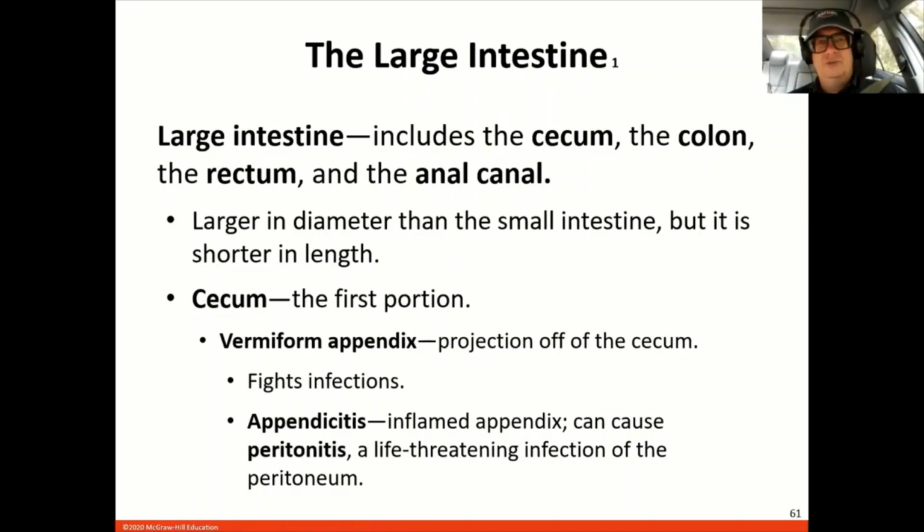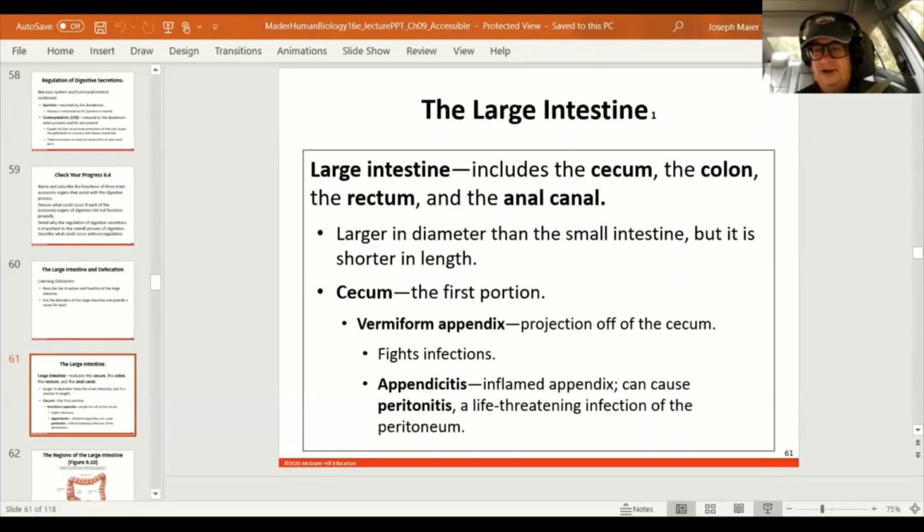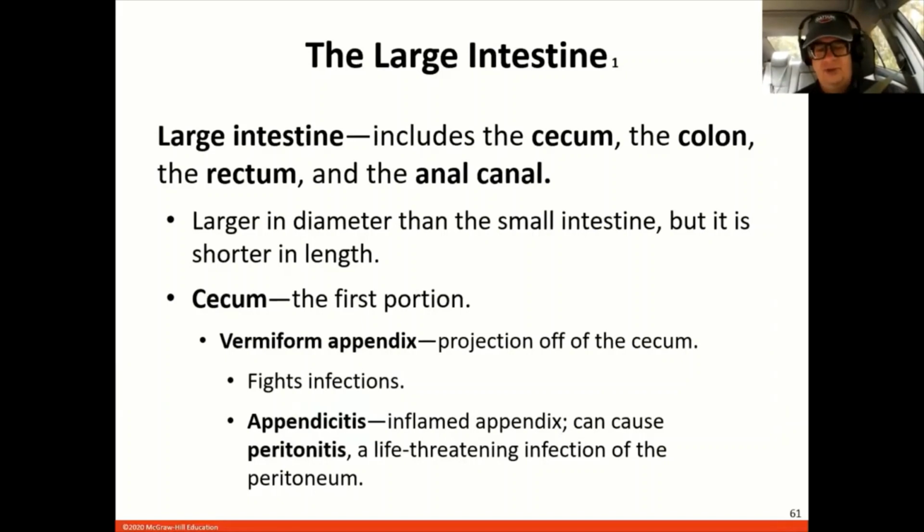Once to do the initial breakdown and once to absorb the nutrients. But look, we're talking humans. It is human biology. So let's move on. Okay. I just went out and found a link that shows you the size of the cecum and the weirdness of rabbits. Let's move on.